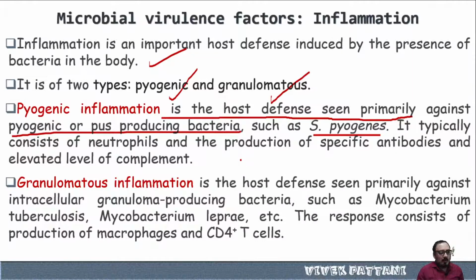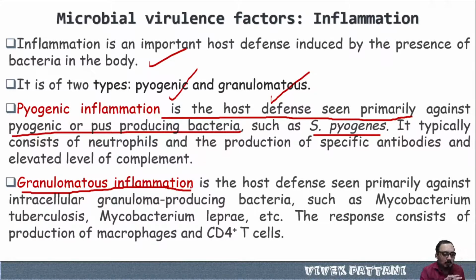So this pyogenic inflammation is present where pus is being produced by bacterial infections. Next comes granulomatous inflammation.